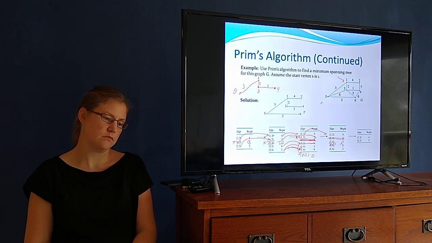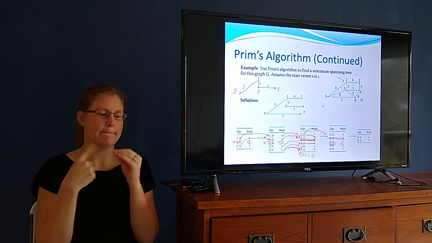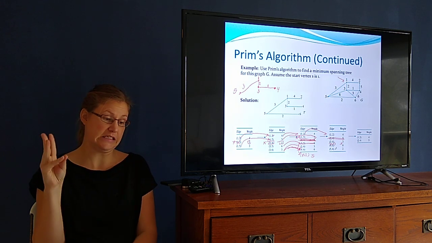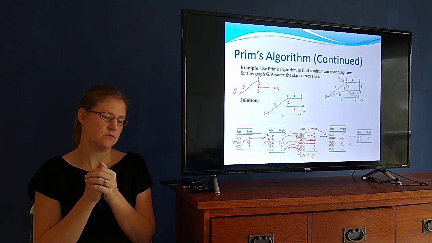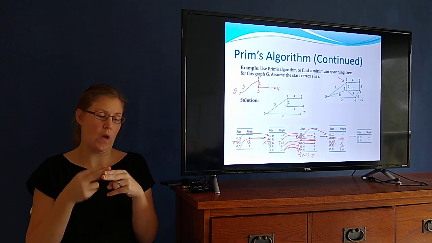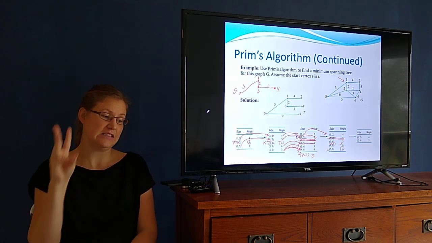So 5 and 1 is already visited. How about 5 and 6? So we added here 5 and 6. So now let's choose the minimum weight. The minimum weight is 2, which is 5 and 6. And let's remove this edge from the table.